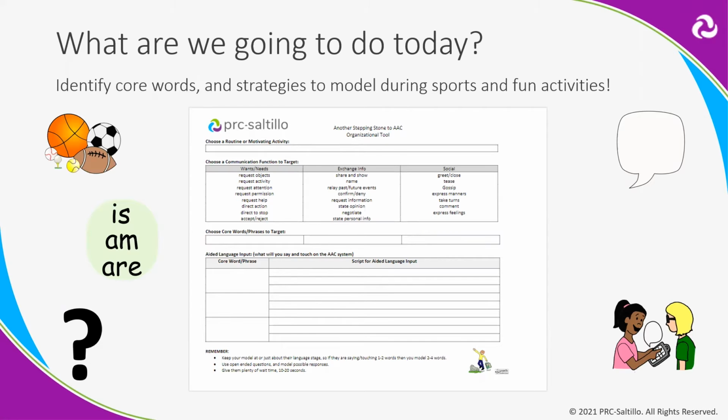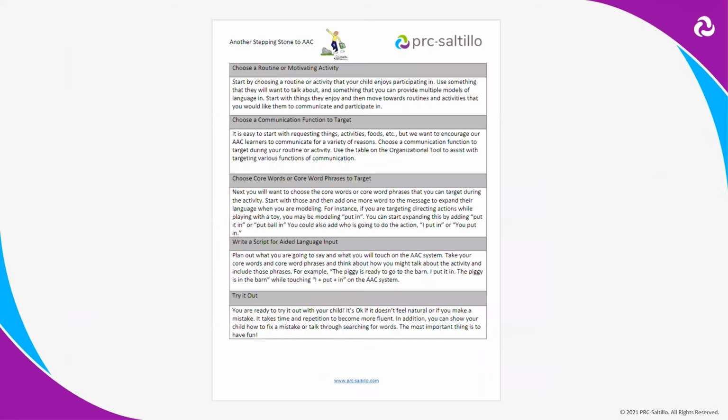This organizational tool can be found in the Learning Journey Content tab. This reference guide can also be found in your Learning Journey Content tab, and it's just a reference sheet for you to refer back to after the training.